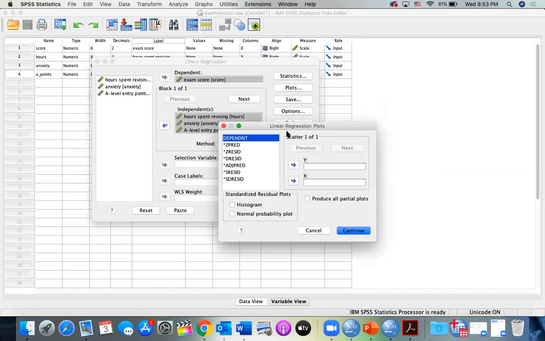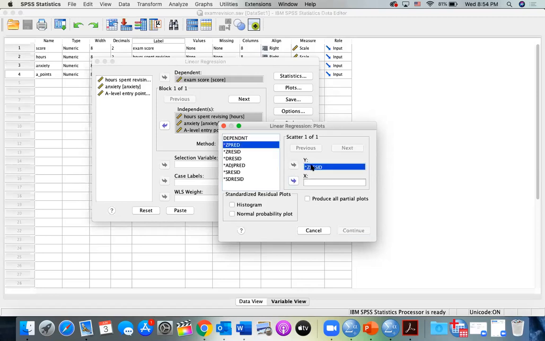So in this window, we want to move z residuals to the y-axis and z predicted to the x-axis.